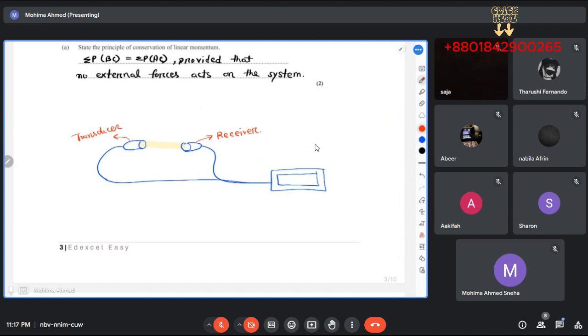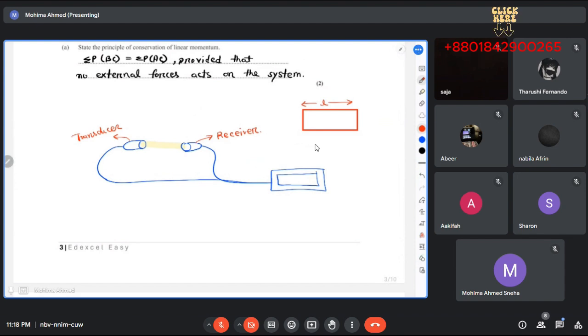Now for this case over here, obviously the receiver will continue to receive light until there is a block in between them. And what will be the block? The block will be your gliders, the length of your glider. For example, this is how a glider looks like, and the length of this glider will be considered as L. When this glider passes in between these light gates, it will create a blockage.